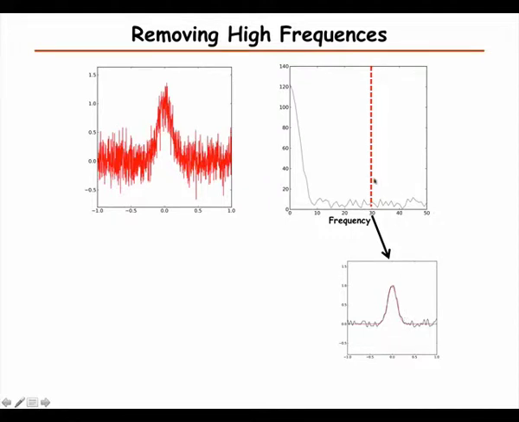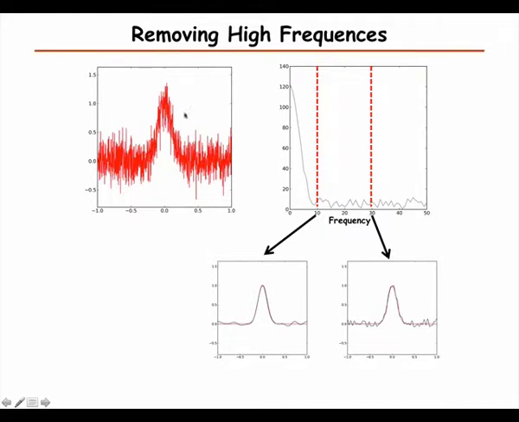So we see that we can get pretty good filtering just by simply cutting in frequency space, and cutting pretty high up. We still have some noise left, but it looks much better than our starting point. Then if we cut a little bit further down, now at 10, we get a really nice smoothing. We have a little bit of noise out here, but it looks really good.